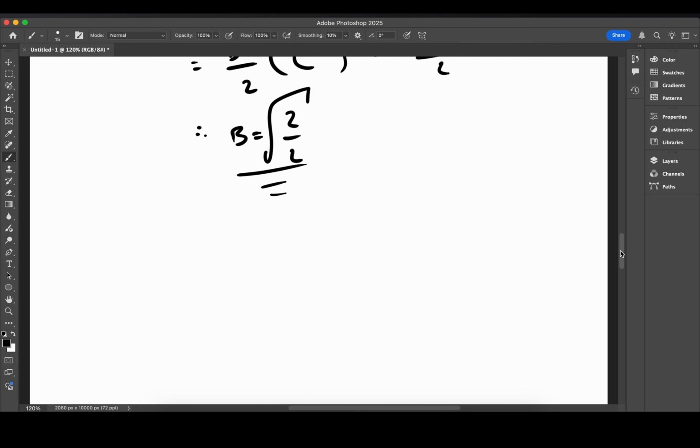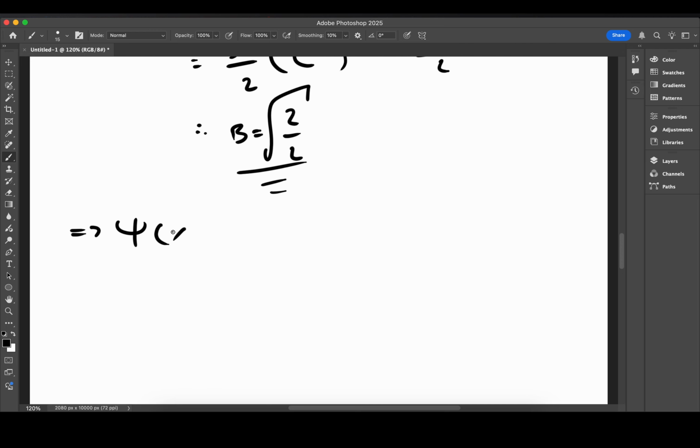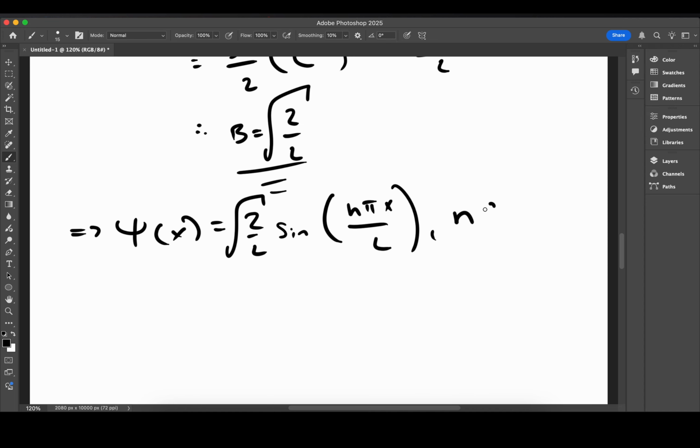Now we have our complete stationary state wave function. That is this constant b, which is root 2 over L, times the sine of n pi x over L. And now I'm going to say explicitly that n is a positive integer.